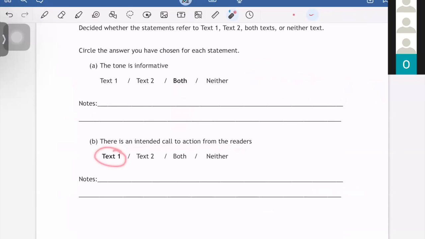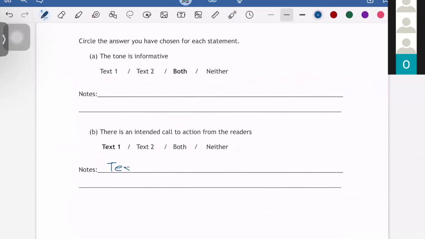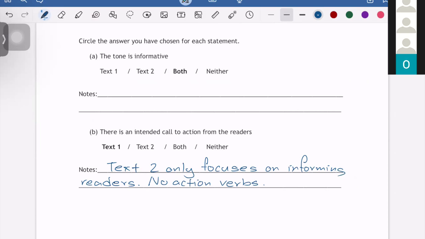This is for text 1 because text 2 only focuses on informing the readers. There are no action verbs. While text 1, if you remember from your subheading, they are telling you to add the scam shield app. So there is a call to action from your reader.